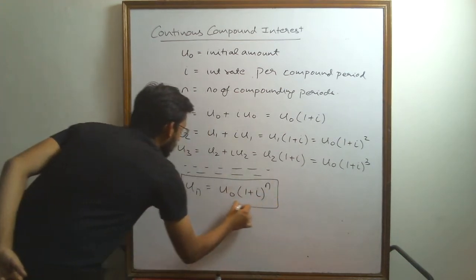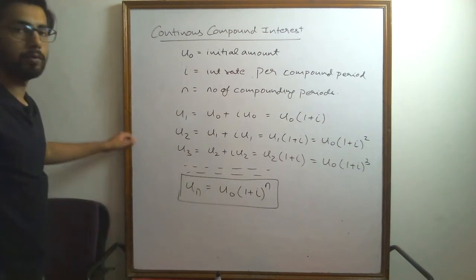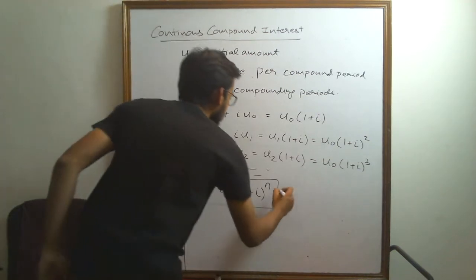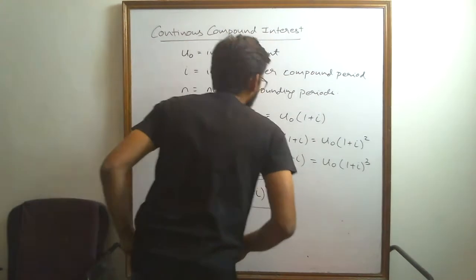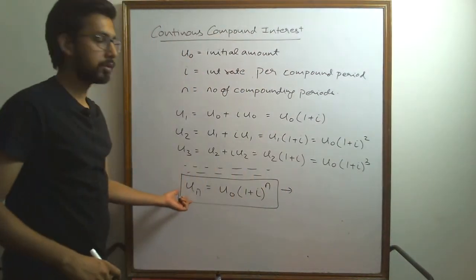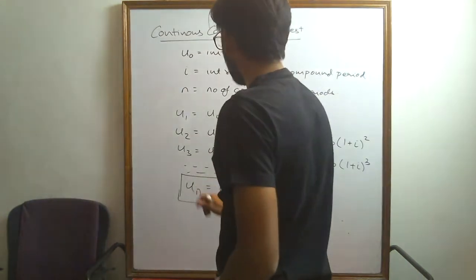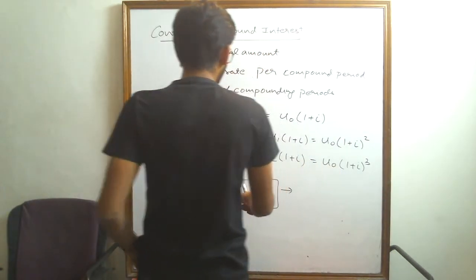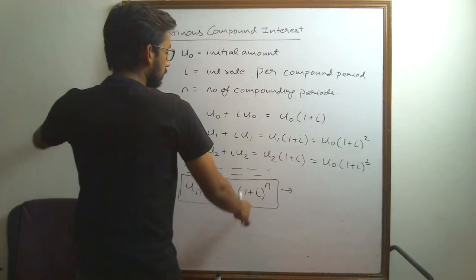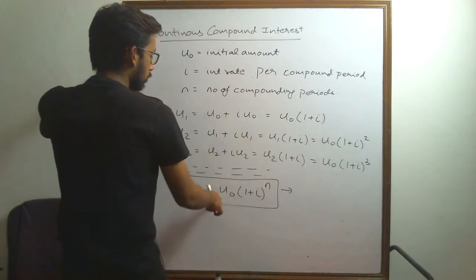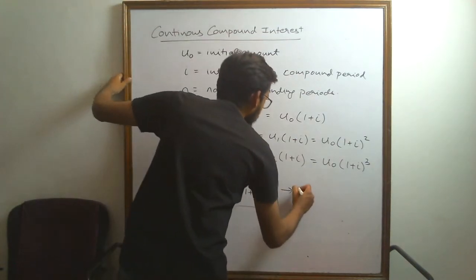And this gives us the formula for compound interest. This gives us the final amount that we have after n compounding periods when the interest rate per compounding period is I, and U naught is the initial amount.